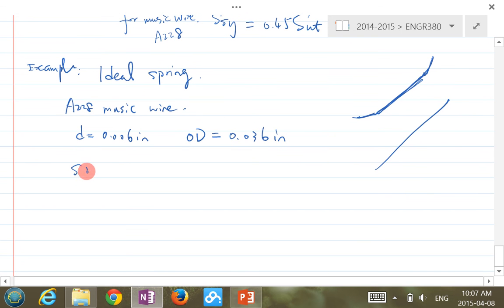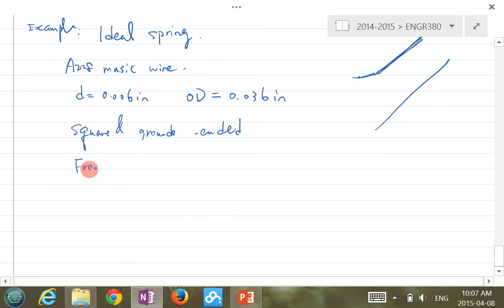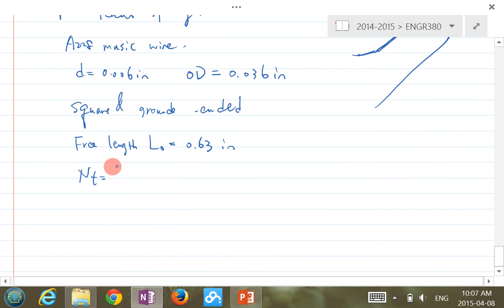And the spring is square and ground-ended. Free length L0 equals 0.63 inch. NT is 40. So the question is actually simple because it already tells you the most important parameter.